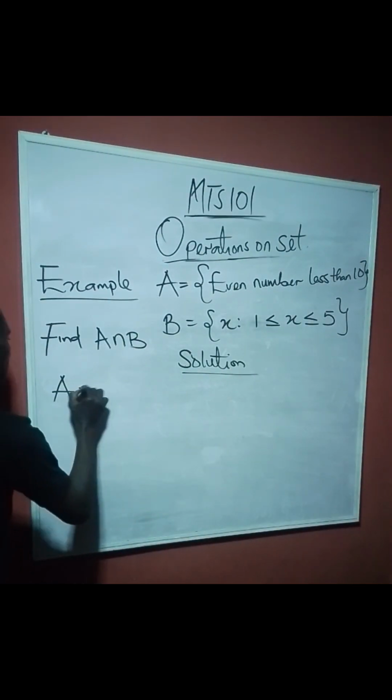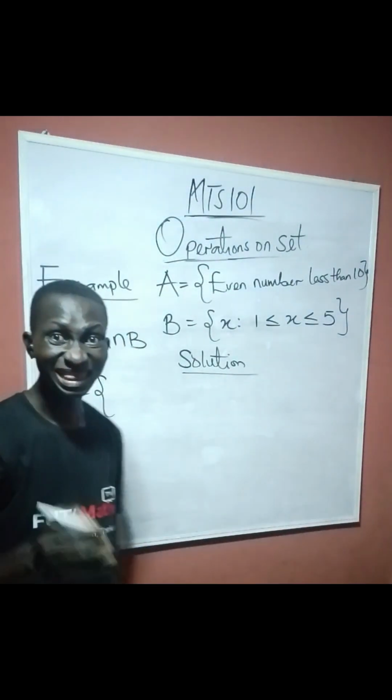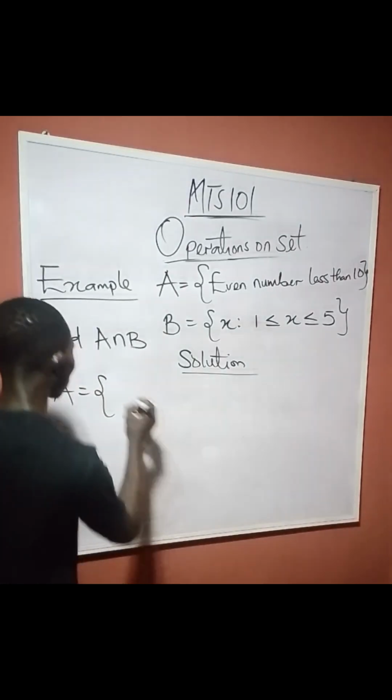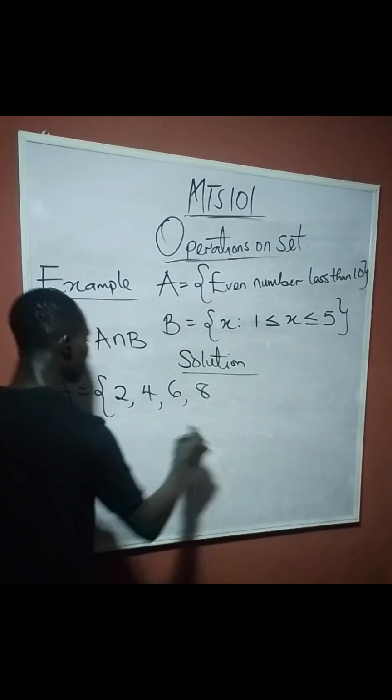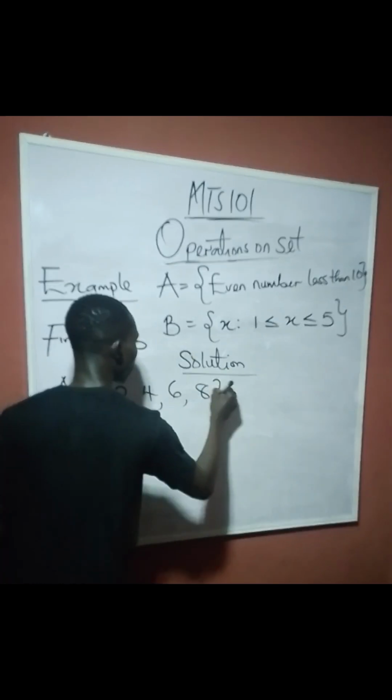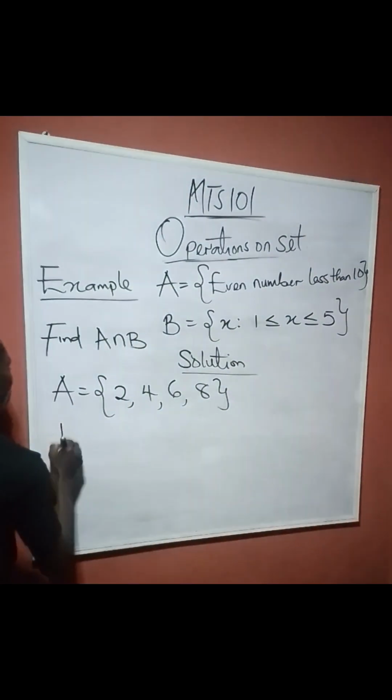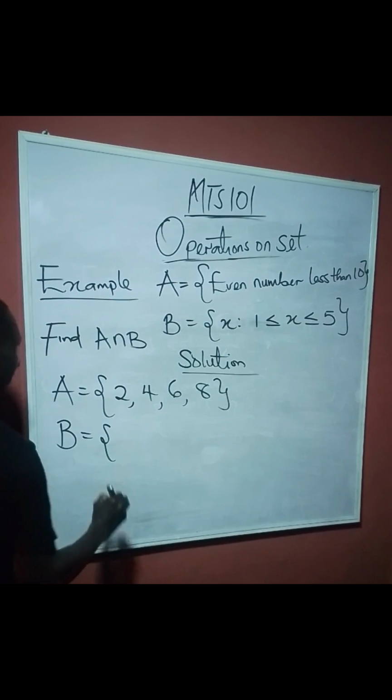The first one, even numbers less than 10. What are even numbers less than 10? Great. 2, 4, 6, 8. You can't write 10 because the set is less than 10. You stop it.